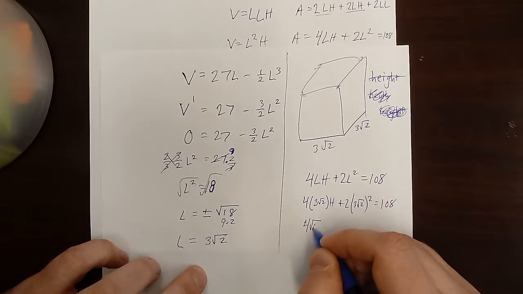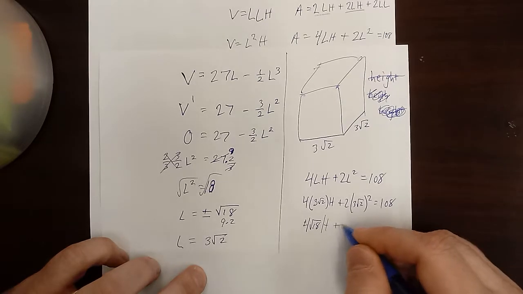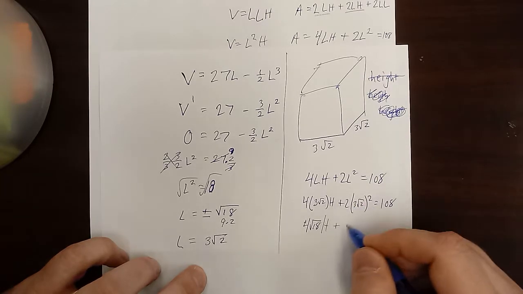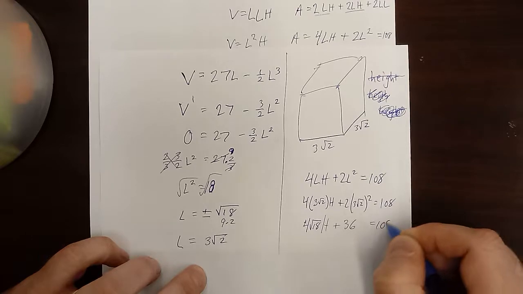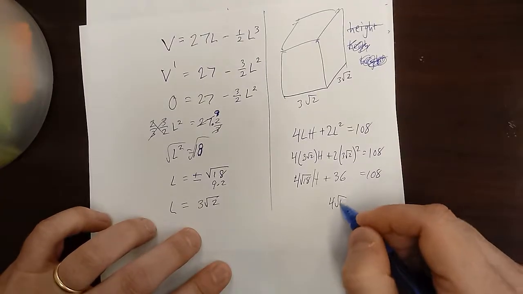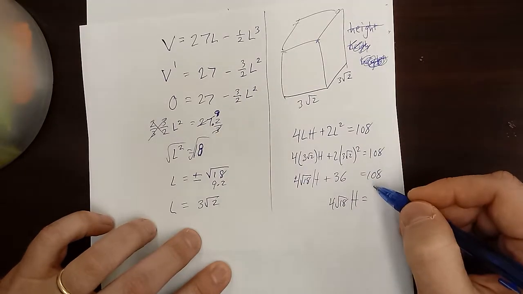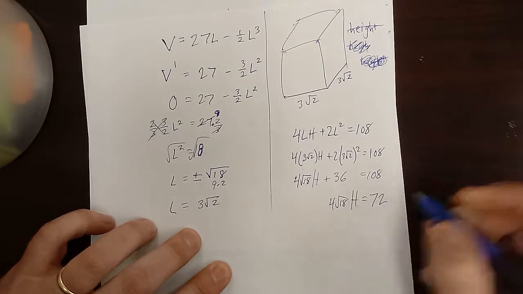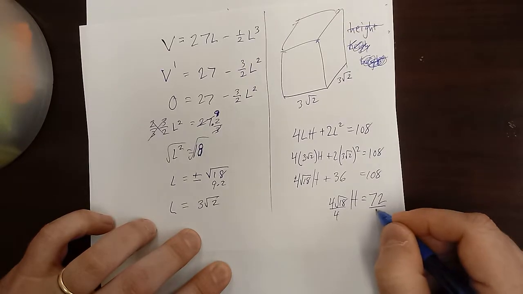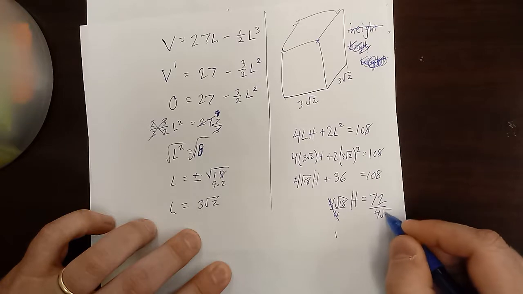So I could say 4 root 18, or I could say 12 root 2 times h plus 2 times 18, which is 36, is equal to 108. Subtract the 36 from both sides. 4 root 18 times h is equal to 72. I'm going to divide both sides by 4, and then also the square root of 18.